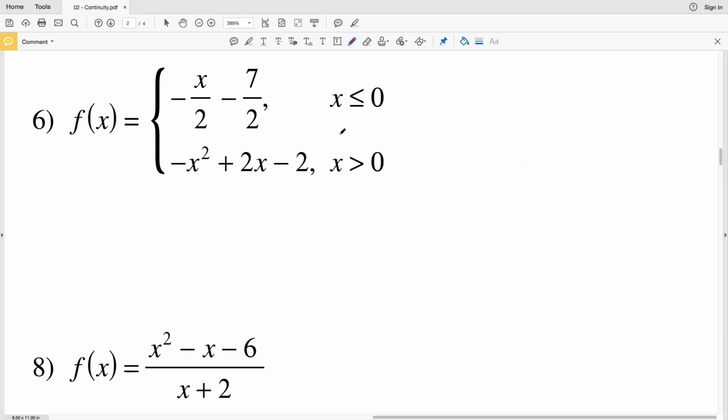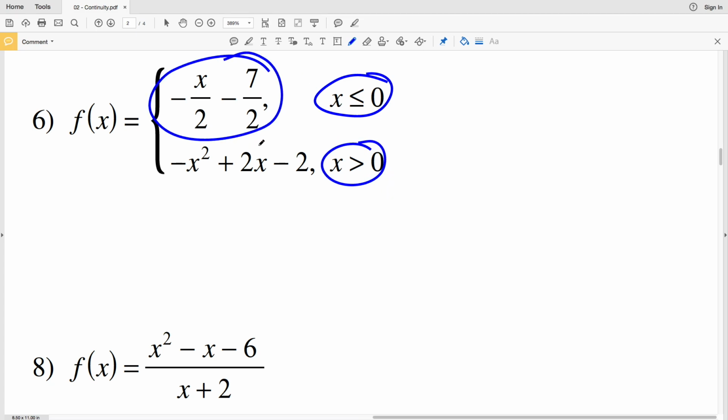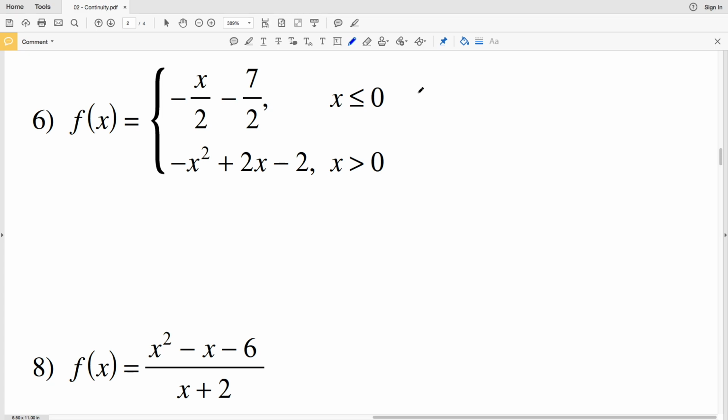Now, in order for this function to be continuous over all intervals, at x equals 0, each piece of our function must be continuous, because that's the point in which the equations of my function change. So I'm going to plug 0 in for x in my first piece, so negative, or the opposite, of 0 over 2 minus 7 over 2, that's going to give me a negative 7 halves.